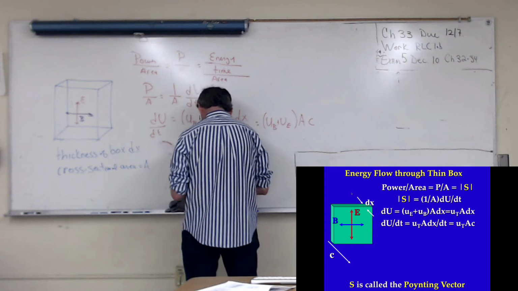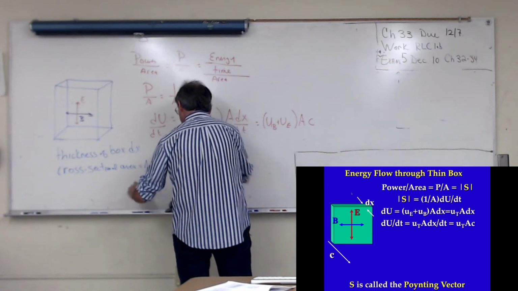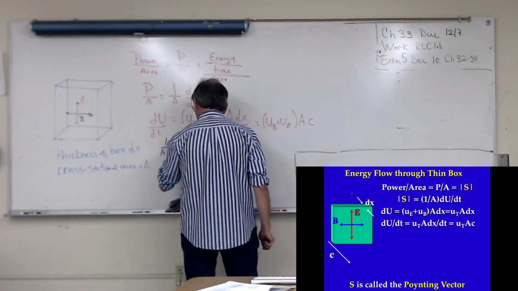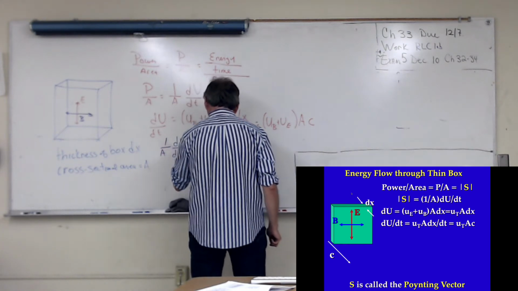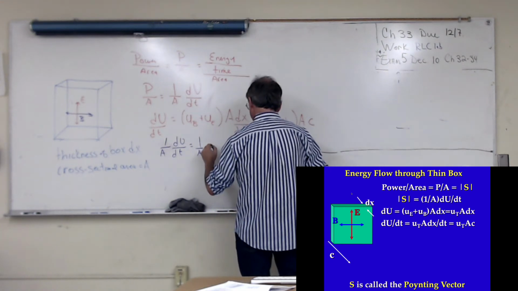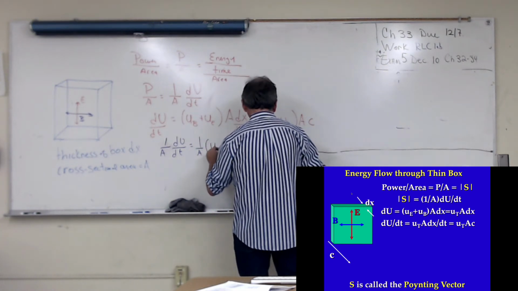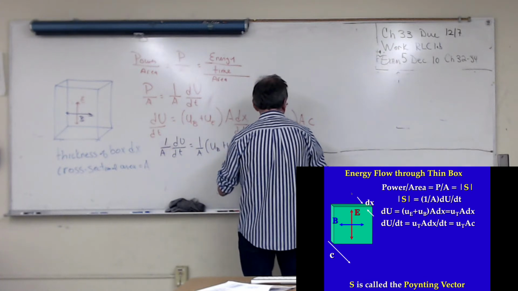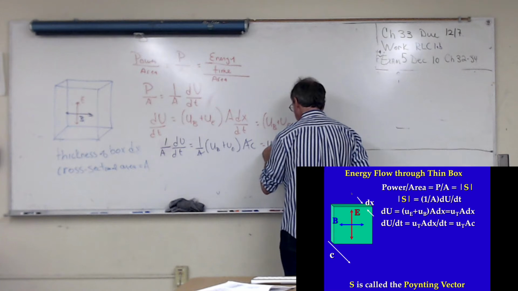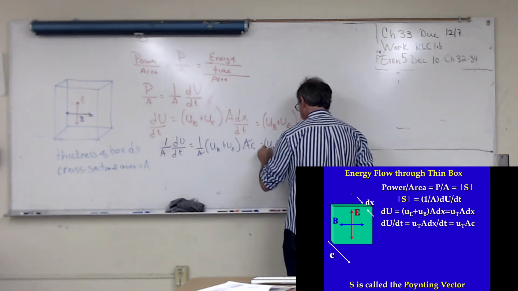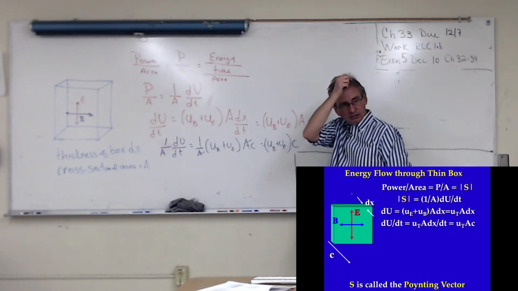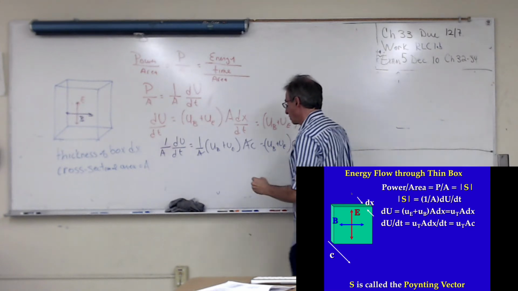Let me use a different color now. The A's cancel. u sub B plus u sub E is just the total energy density due to both fields.